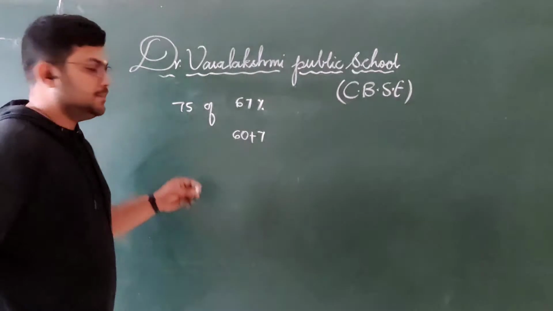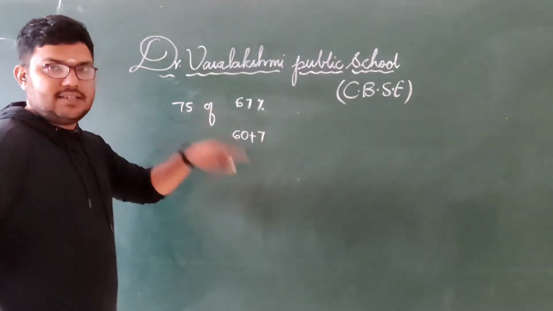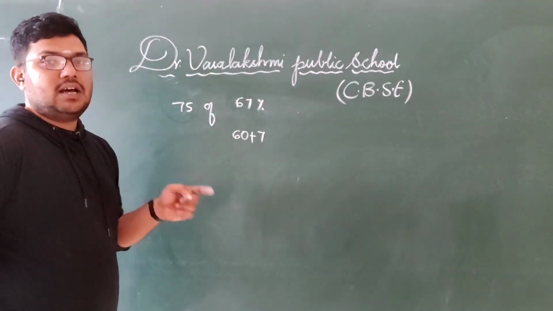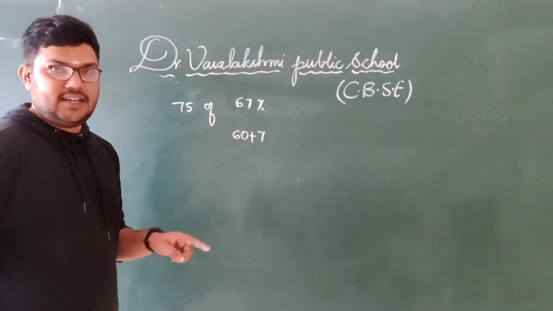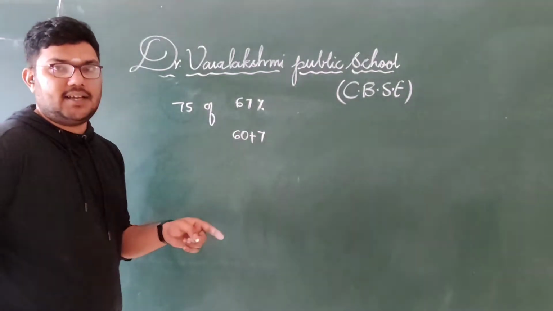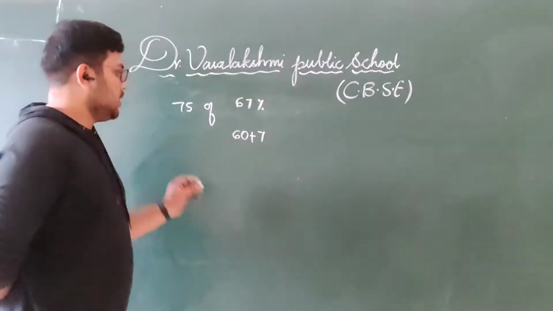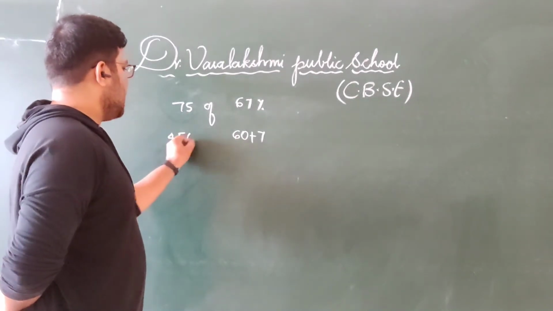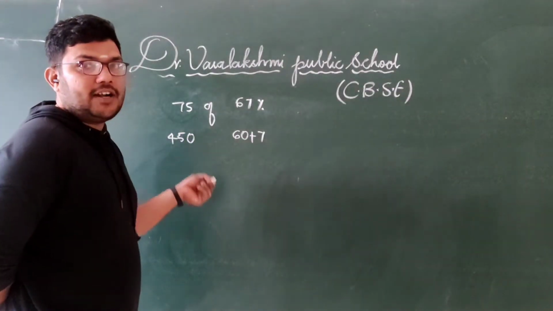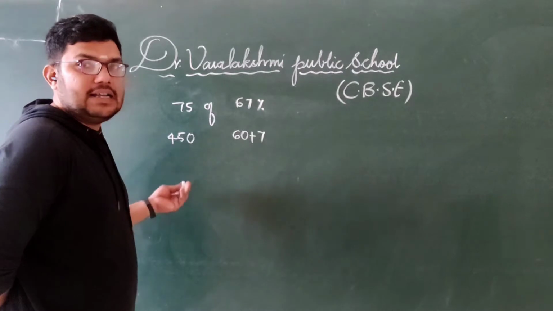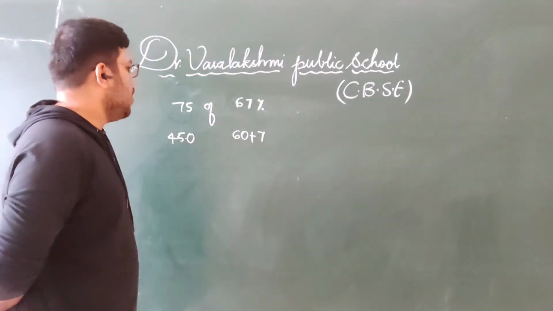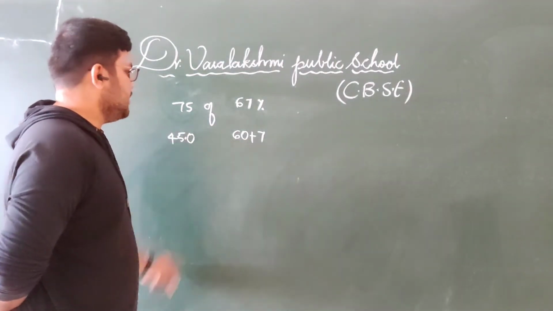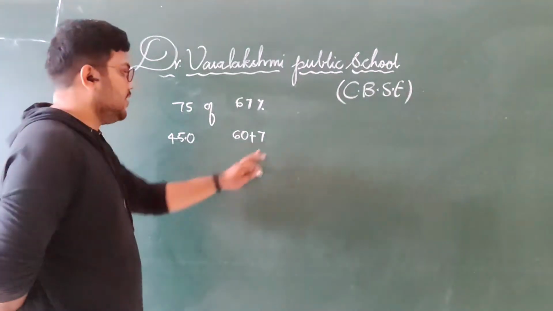In this manner, 6 times 70 is 420 and 6 times 5 is 30. 420 and 30 gives 450. I said already for 10% you keep the dot after one digit, so that is 45. So 60% is completed. Now how to calculate 7%?